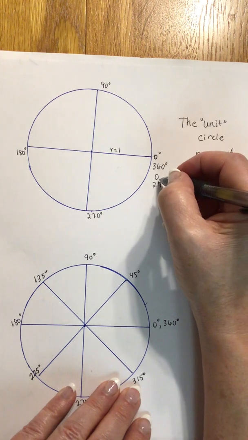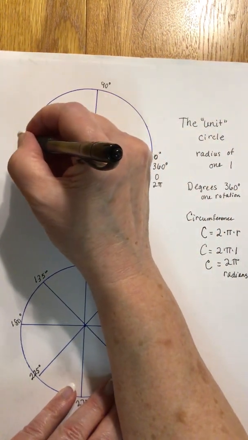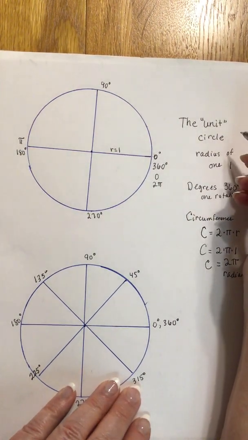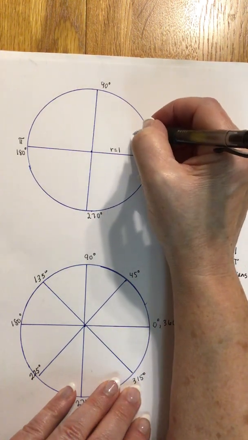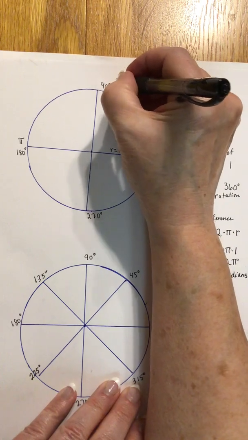So if I have 2 pi and I go half of the way around, how many pi's do I have? Well, I only have 1 pi. If I take that 1 pi and I cut it into 2 pieces, then each of those pieces is going to be half of a pi, or pi over 2.